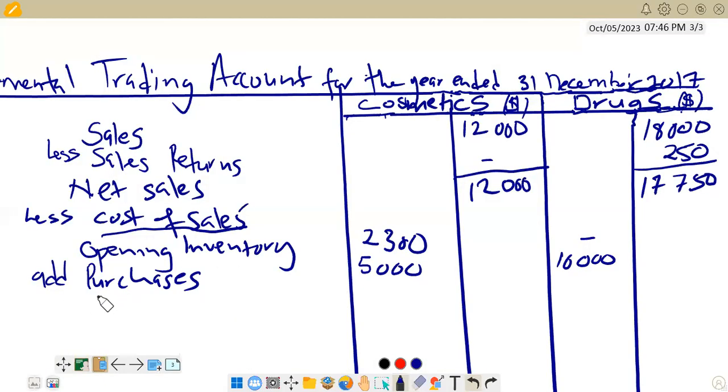For purchase returns, we have only for cosmetics, which is 400. But for drugs, we don't have any purchases returns.